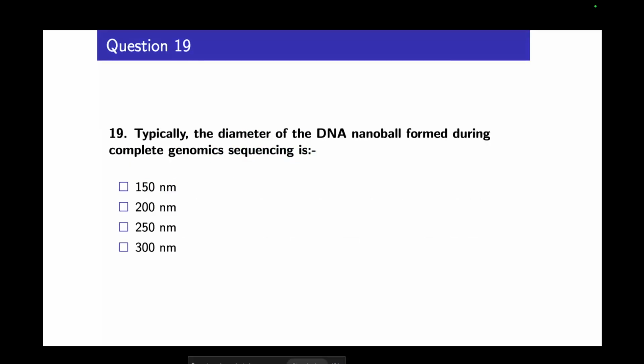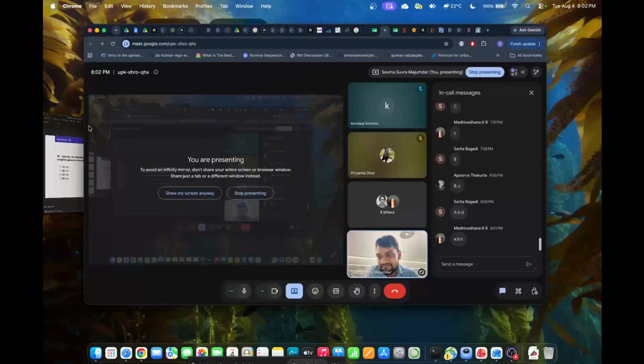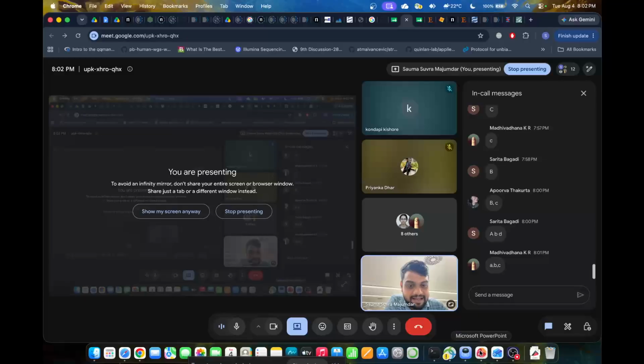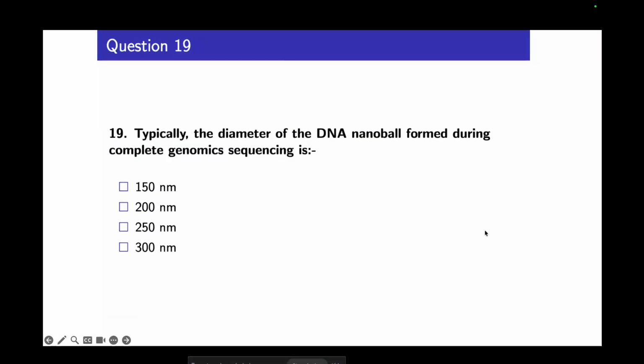Okay, moving on. This is also related to Complete Genomics. What is the diameter of the DNA nanoball? I am not fully aware of this technology, so I'm not going to give my opinions on this.